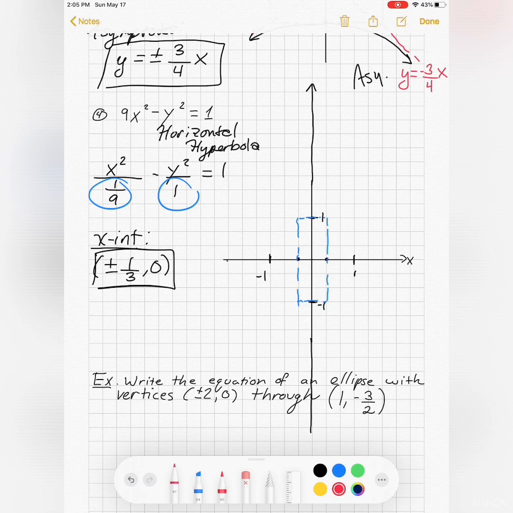Let me put my asymptotes in. Okay. Let me put the other one in.